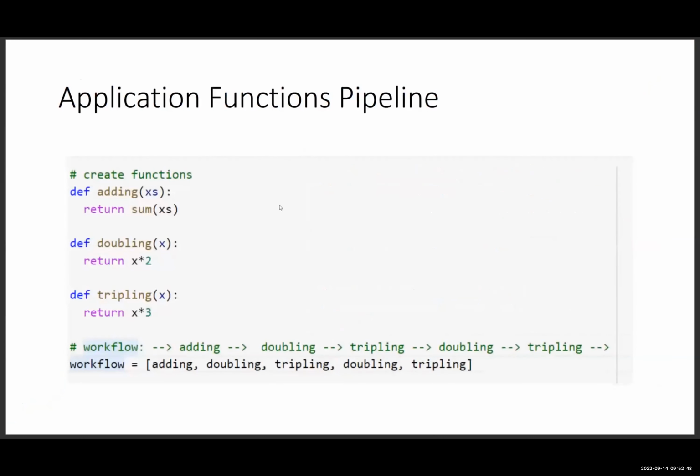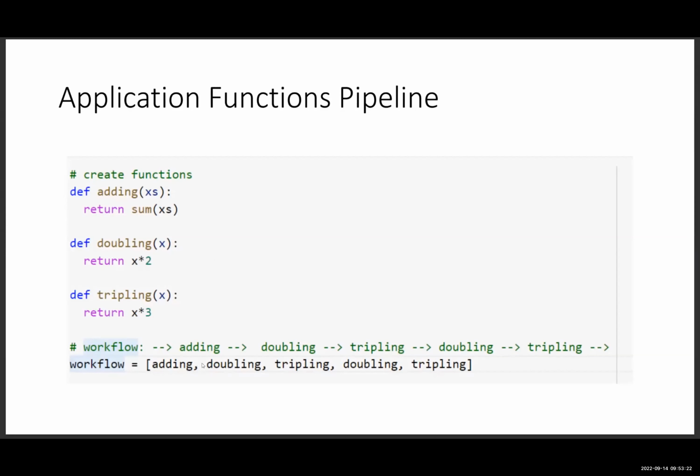This is an example of a workflow application that we can create. It has three main application functions. It does arithmetic operations like adding, doubling and tripling. This is the workflow definition. This data model is a Python list, which ensures the workflow will be executed in this order.